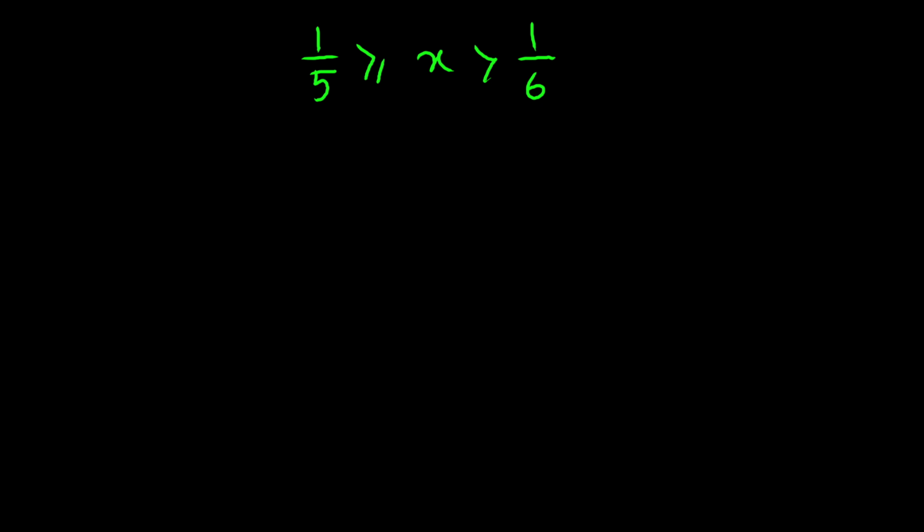Great, so we know where x lies. But remember that we wanted to find where negative 30x lies, so that means that we need to multiply everything by negative 30.